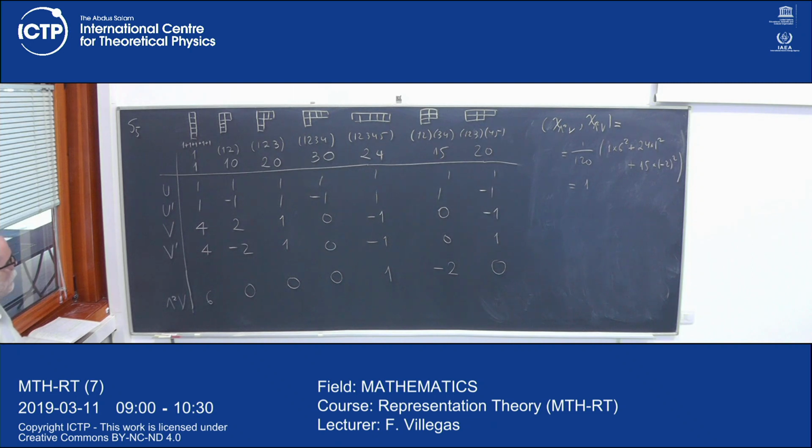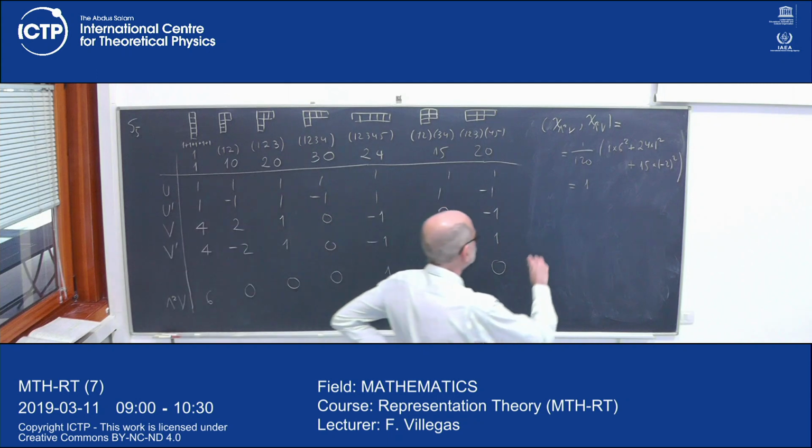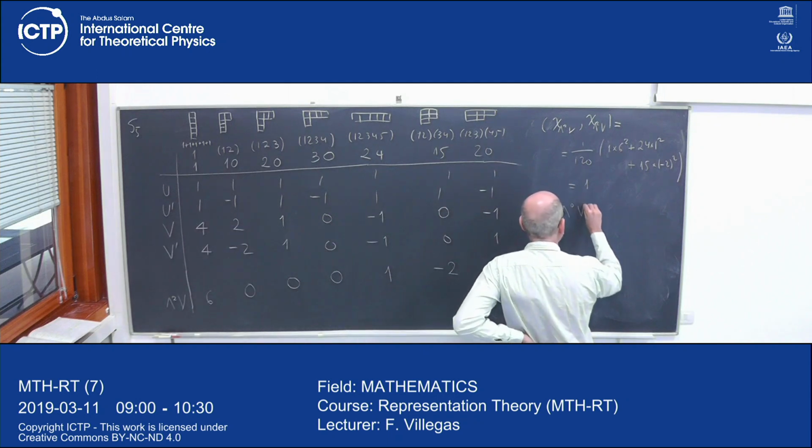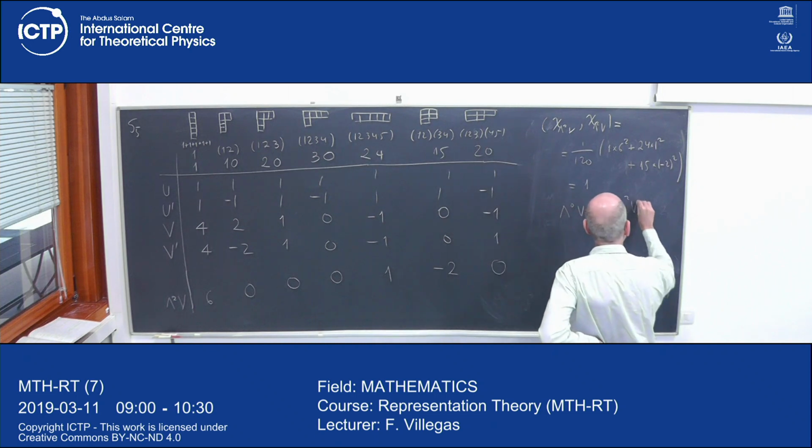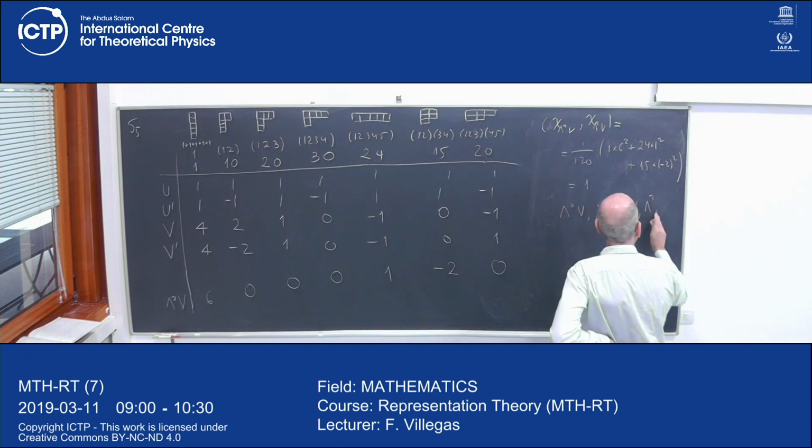What other representations can we spot? How about if I take wedge 3 of V? V has dimension 4, so we have wedge 0 of V, wedge 1, wedge 2, wedge 3, and wedge 4.